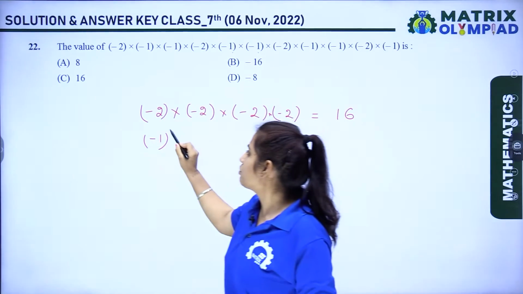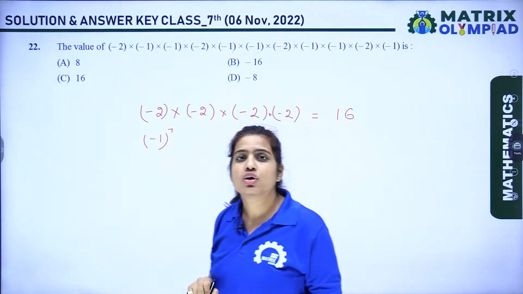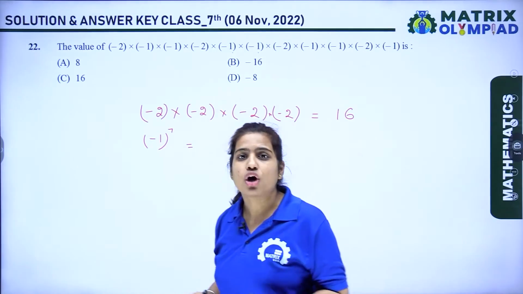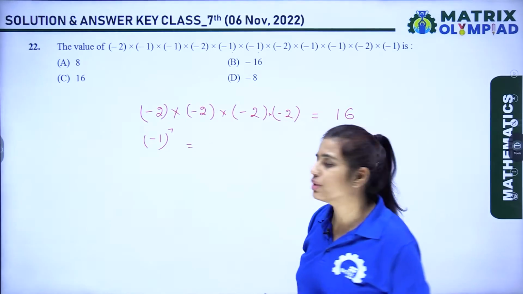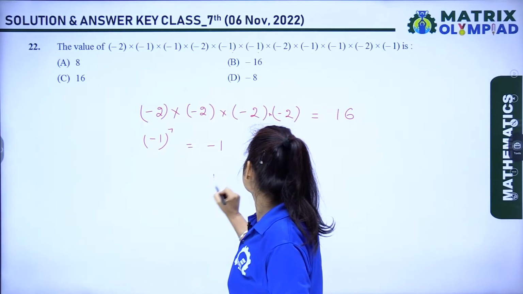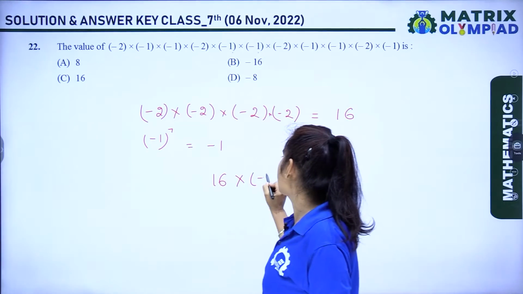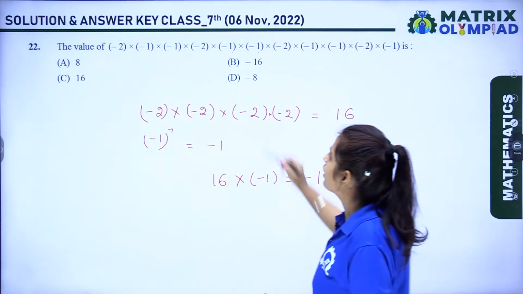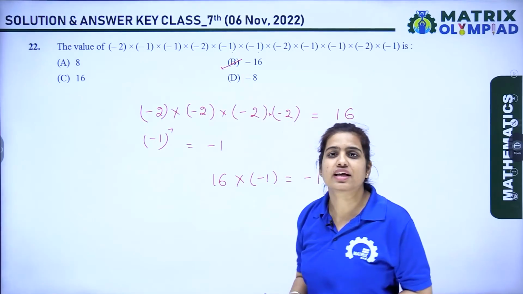So here 7 times we have negative 1. So 7 is an odd number. So our answer will be negative 1. So let's multiply 16 multiplied by negative 1. We get negative 16. So here option B is the correct answer.